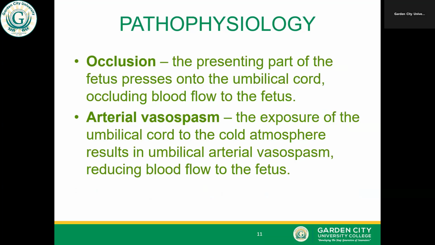So the head, or the presenting part, will press on the cord, which will cut off blood supply to the fetus. And then we also have the arterial vasospasm. The exposure of the umbilical cord to the outside environment, to the cold atmosphere, results in umbilical arterial vasospasm, which reduces the blood flow to the fetus.